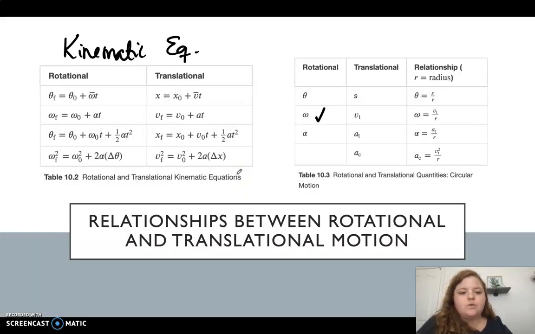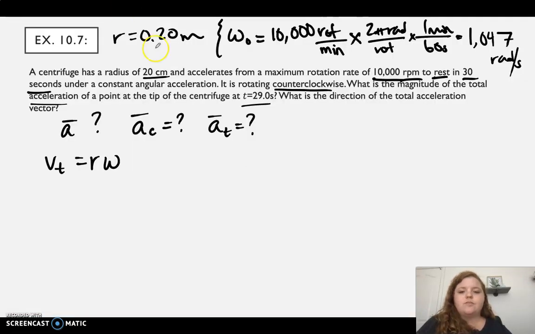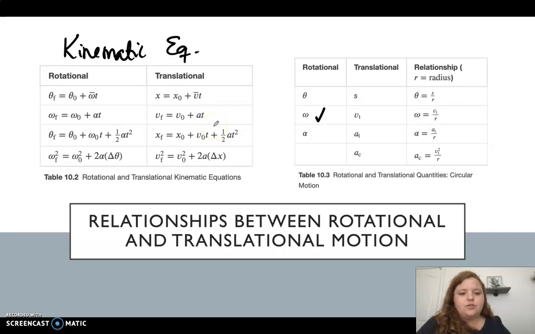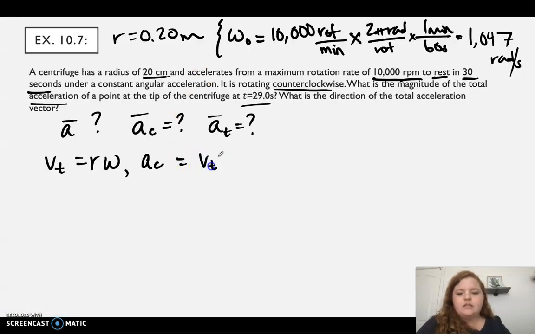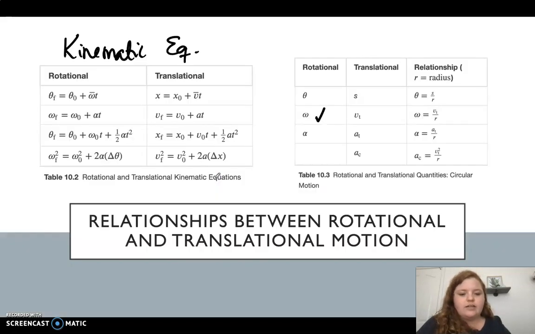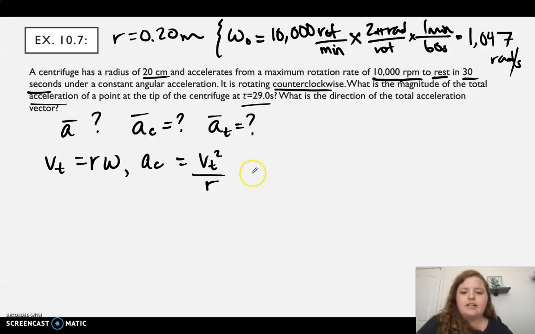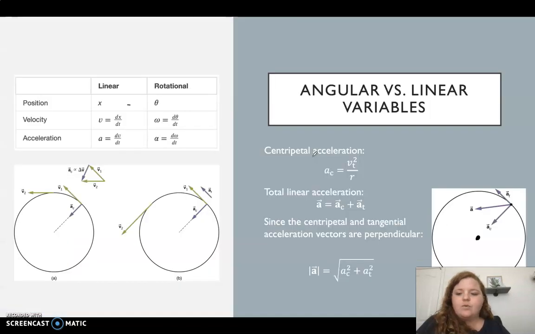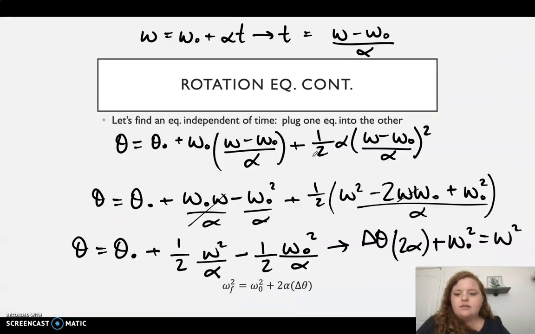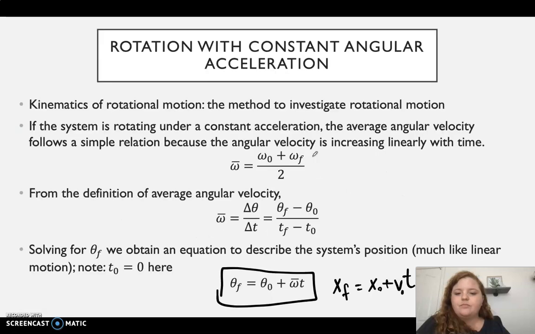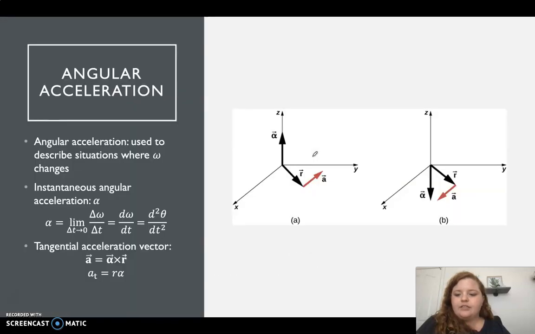And we also want to know how to calculate our tangential acceleration and our centripetal acceleration. So centripetal acceleration, A sub c, is equal to v sub t squared over r, I think it says. Yes. And so then we want a sub t. Let's go back quite a ways. We talked about it back here.